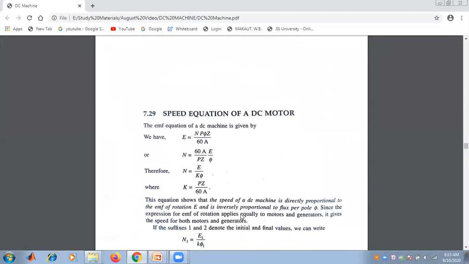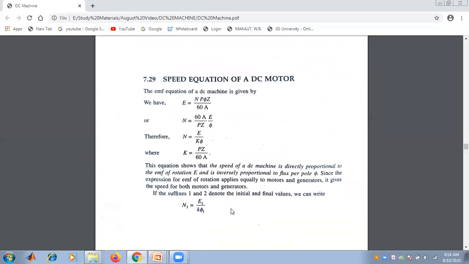So now we are coming to the speed equation of a DC motor. We all know for a DC machine, the back EMF is equal to P phi N Z by 60A, but the speed can be written as N equal to 60A by PZ into E by phi. So N equal to E by k phi, where k stands for PZ by 60A.